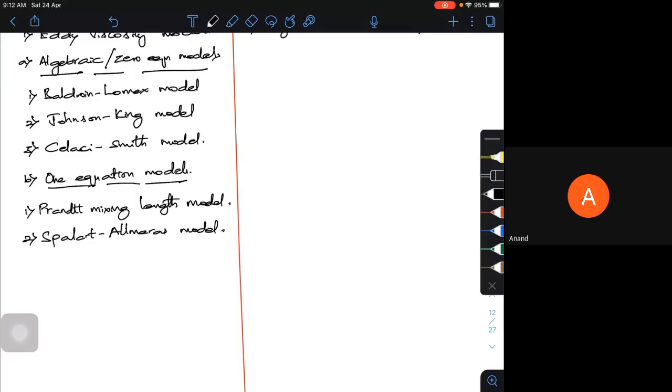And then we have the Baldwin-Lomax model, which was the zero equation model. And Baldwin with Barth, these two people proposed a one equation model which was used to capture the turbulence phenomena.